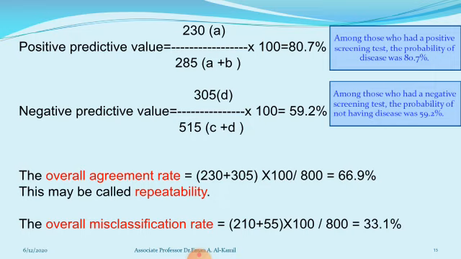While the overall misclassification rate is the false negative plus the false positive divided by the grand total, so it is 210 plus 55 multiplied by 100 divided by 800, and equals 33%. So the overall misclassification rate is only one third of cases.